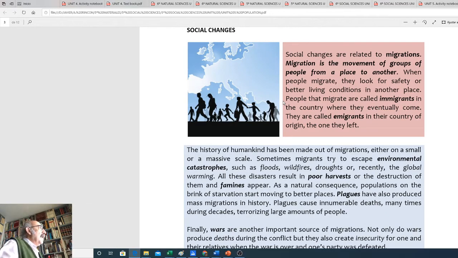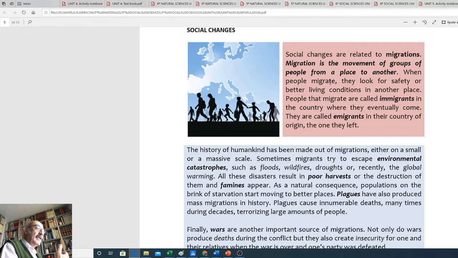Very good. So you have there, migration is the movement of groups of people from one place to another, and when people migrate they look for safety or better living conditions in another place. And there are two concepts: immigrants and emigrants. Immigrants are people that are called so because they are here and they weren't born here.